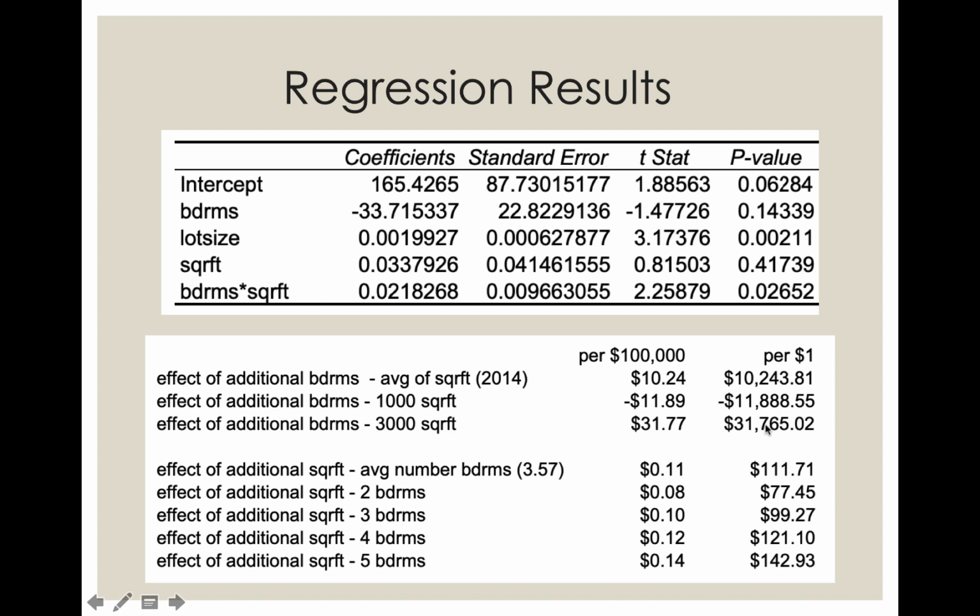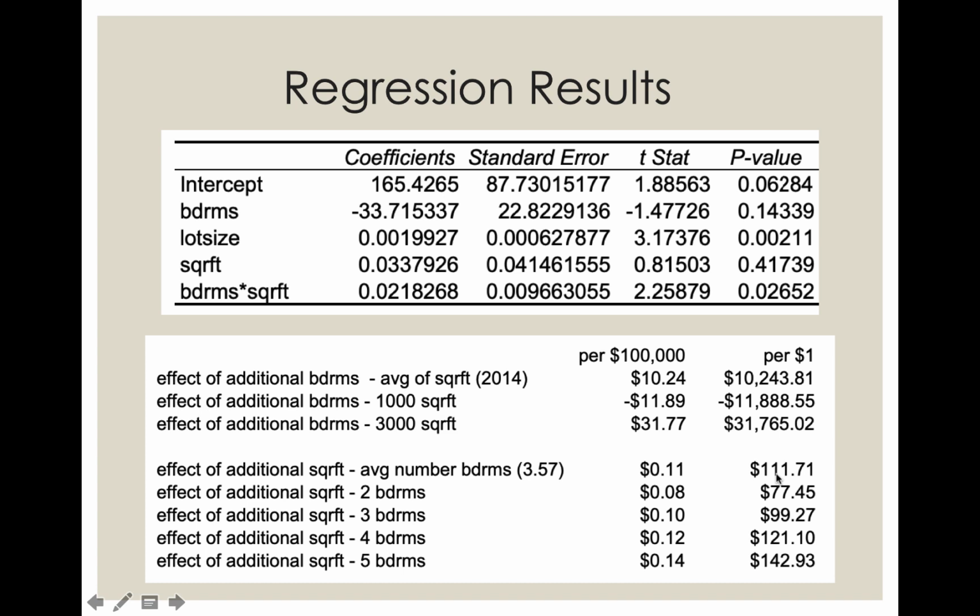Okay, let's do the opposite. Let's look at the effect of adding an additional square foot for the average number of bedrooms. So what am I doing here? I'm taking 0.03 plus 0.02 times the number of bedrooms.